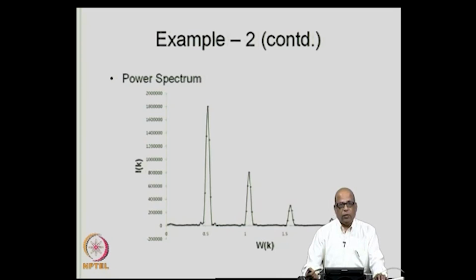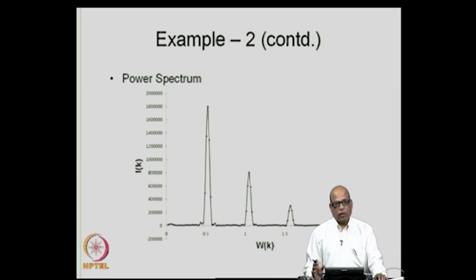To test this, first you remove the first two periodicities that we have identified, that means corresponding to omega k of 0.5 something and omega k of 1.0 something. These two periodicities you remove, reconstruct the time series and then replot the power spectrum and then see whether these periodicities are significant.